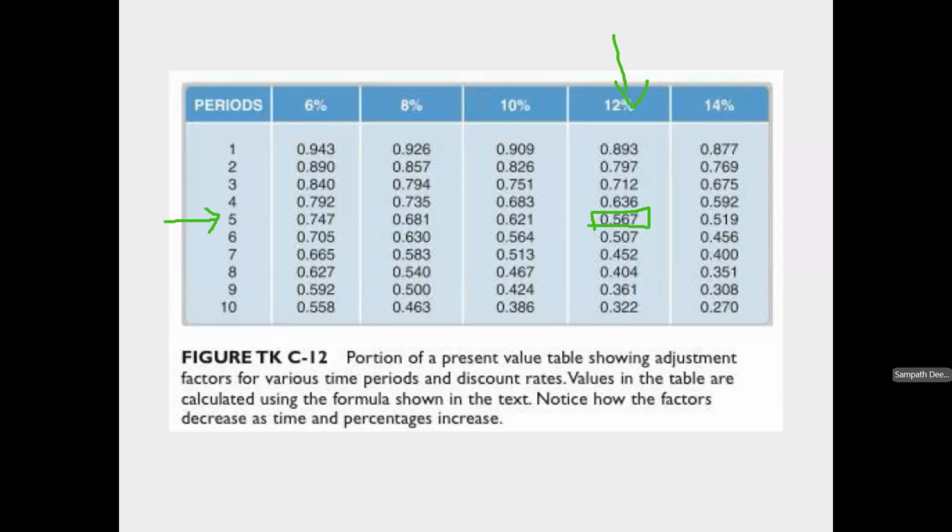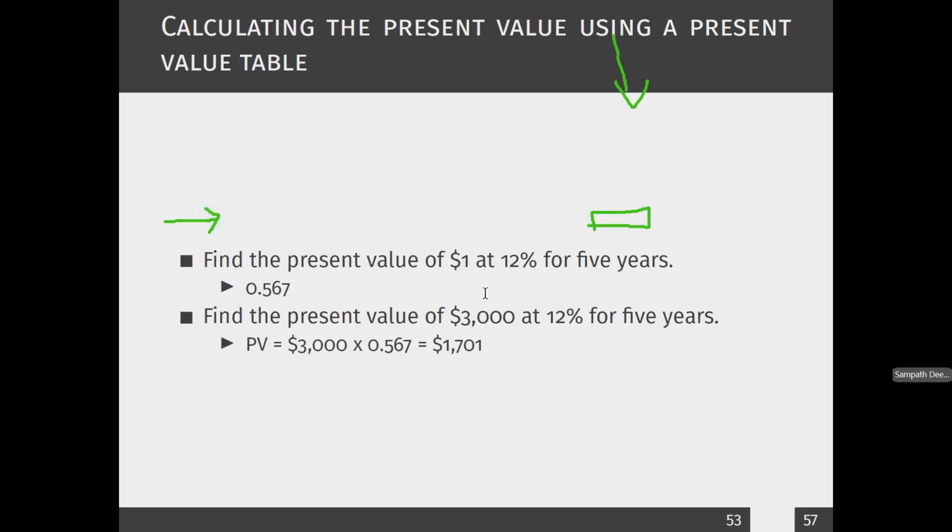So that means, to get $1 with an interest rate of 12% after 5 years, we have to have 0.567. Therefore, if you want to have 3,000 at 12% for 5 years, it will be 1,701. So you need 1,701 today to get 3,000 after 5 years time.